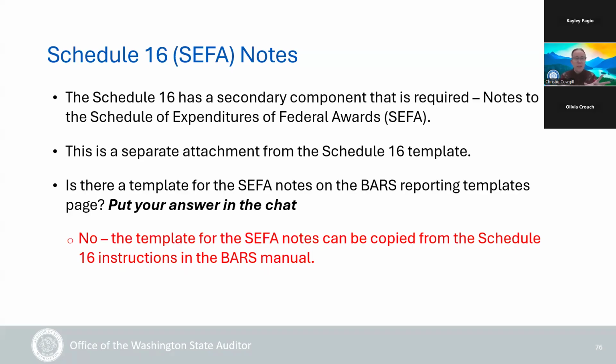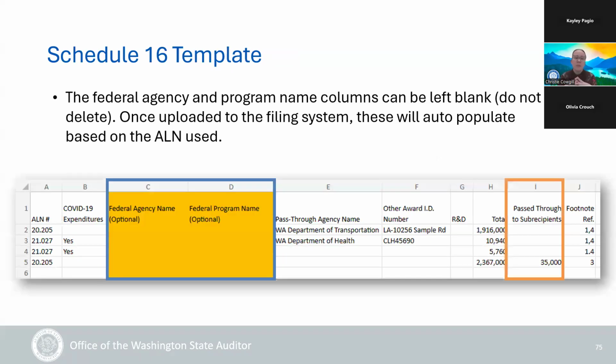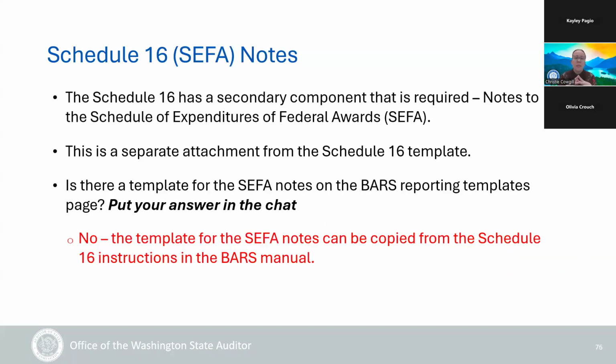Going back to earlier this afternoon when we talked about this, when completing the notes to the CFA, is there a template for the CFA notes on the BAR's reporting templates page? I would tell you to put your answers in chat, but you got an easy one. No, there's no template document on the BAR's reporting templates page.